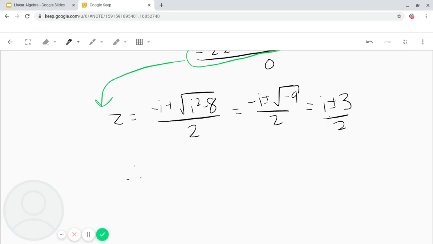So therefore, p of z is equal to 1 minus i times z minus i, and then z minus 2i.